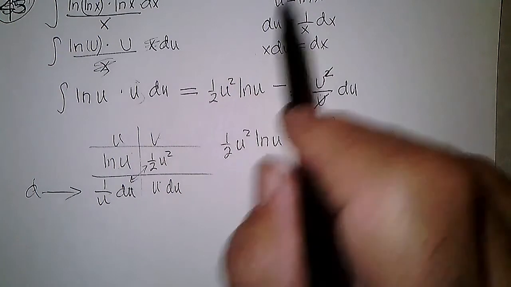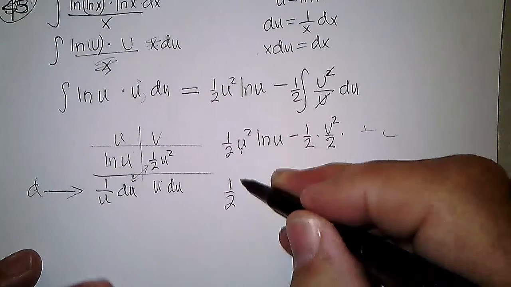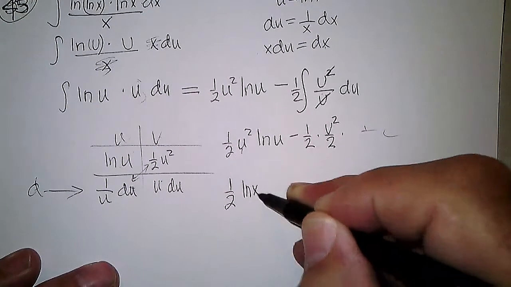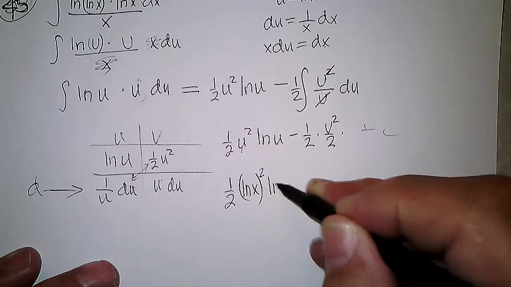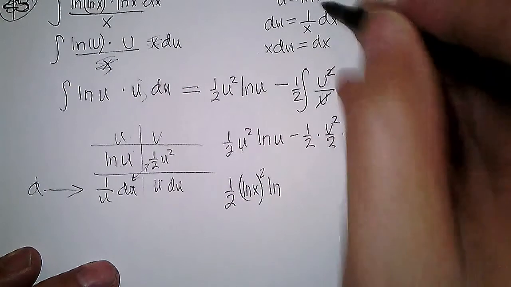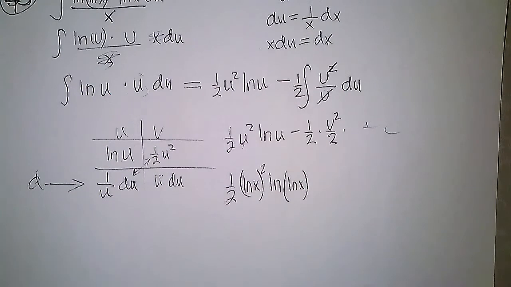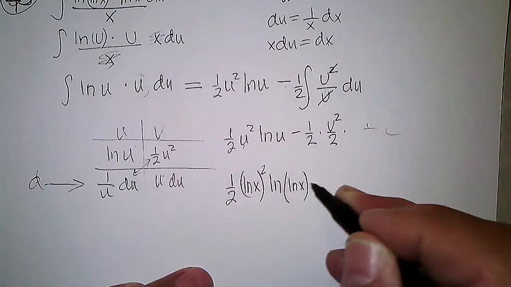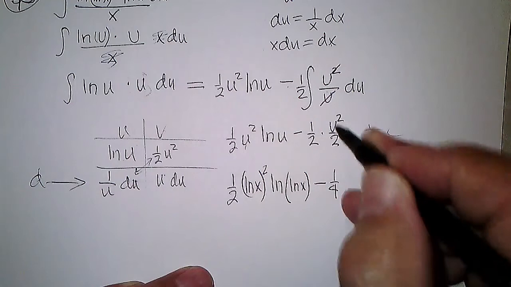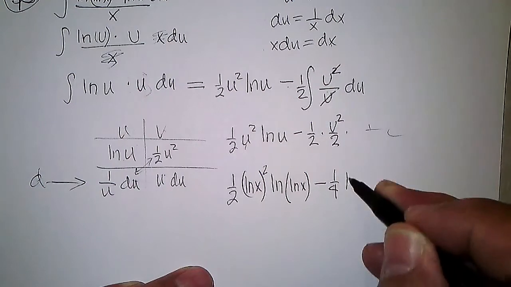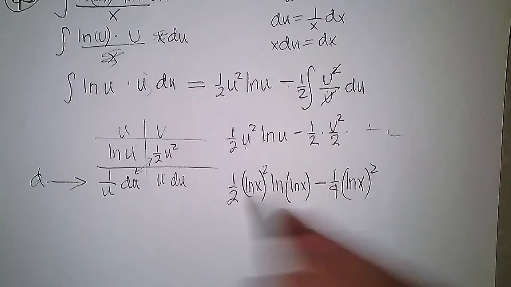So now we'll put back ln x in for the u, so we got 1/2 ln x quantity squared times ln of ln x, minus 1/4 u squared, so that's going to be ln of x quantity squared, so that's in both of these.